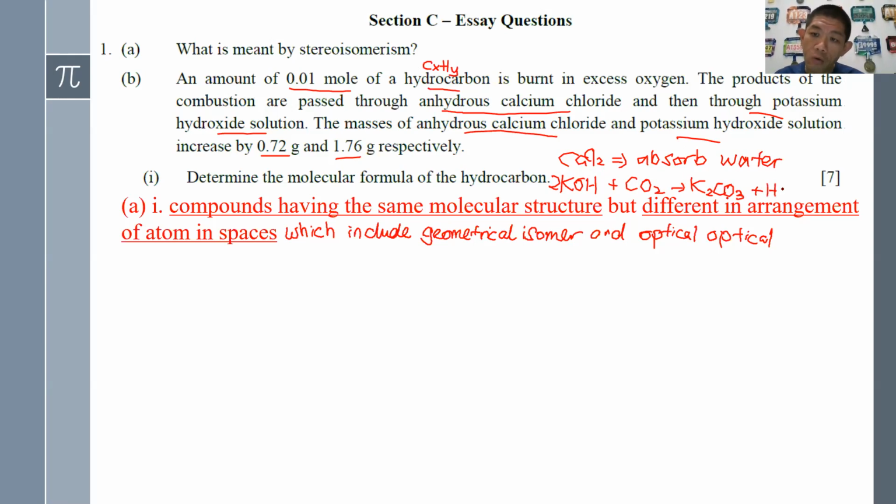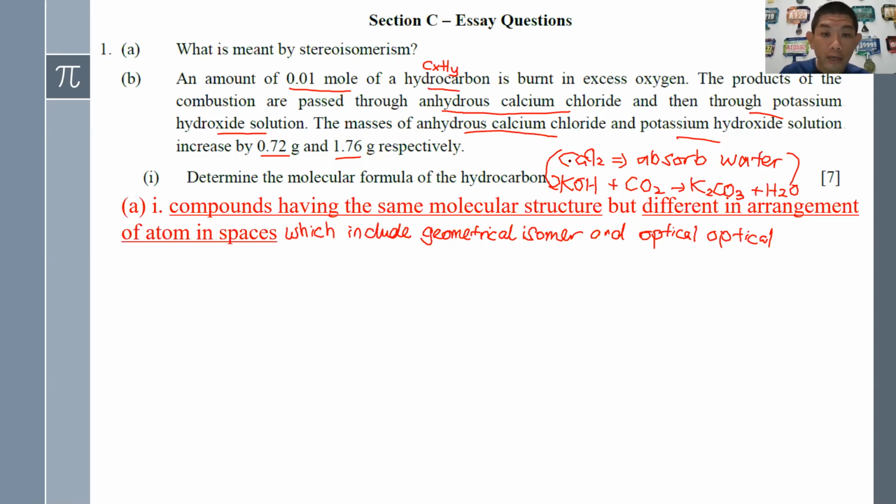So that is how the reactions go. Whenever the question says it increased by 0.72 and 1.76, it is referring to the mass of the water and carbon dioxide respectively. That is something you have to know. And because it is an essay question, you might also want to include this in your answers. For the potassium hydroxide with carbon dioxide equation, please also include it in your answers.